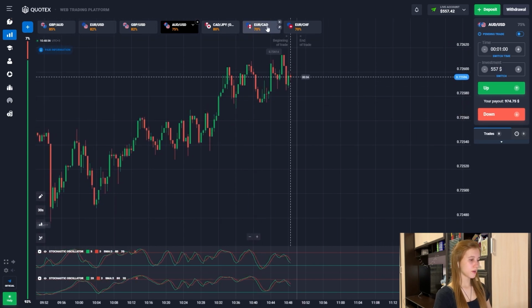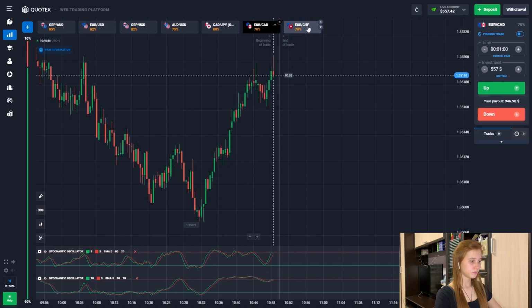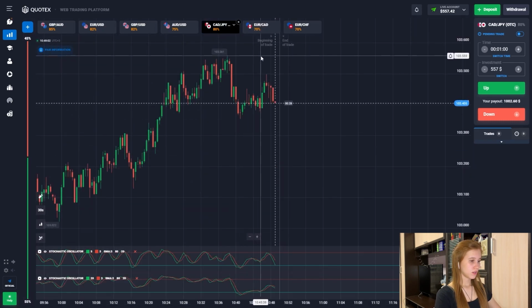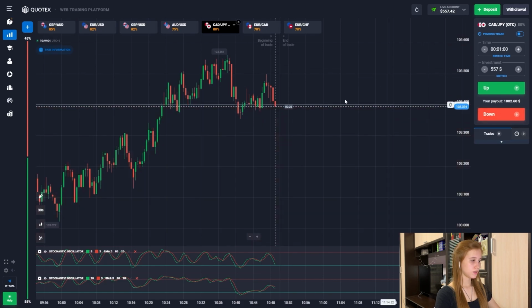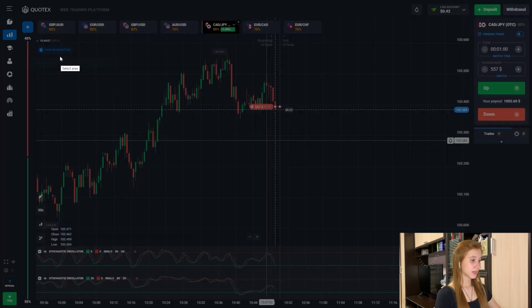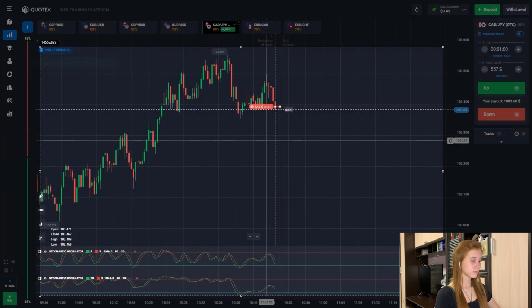Let's change the pair and find a good entry into the deal. We see stochastic signals. A longer stochastic says that it's already tired of staying in the overbought zone and headed down.